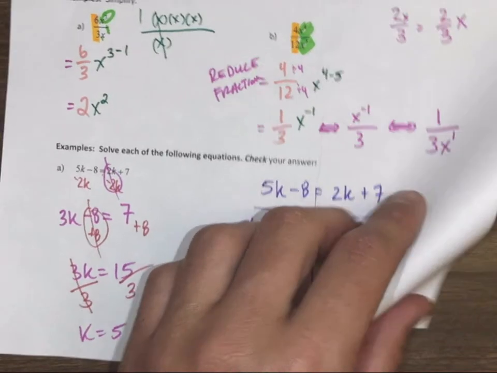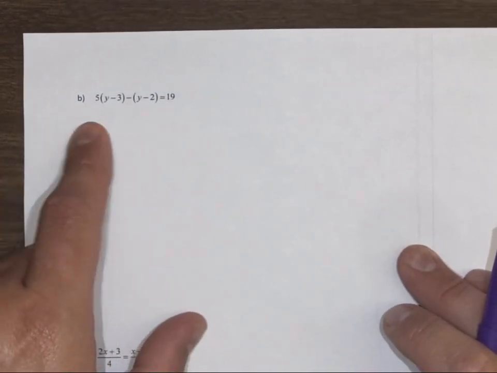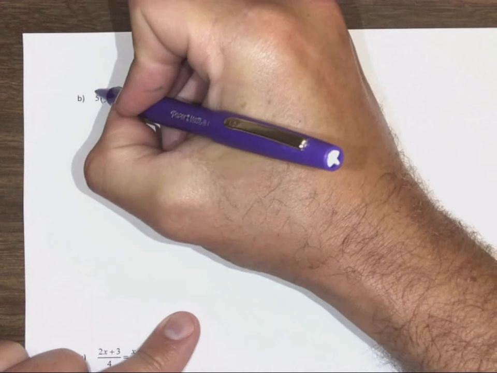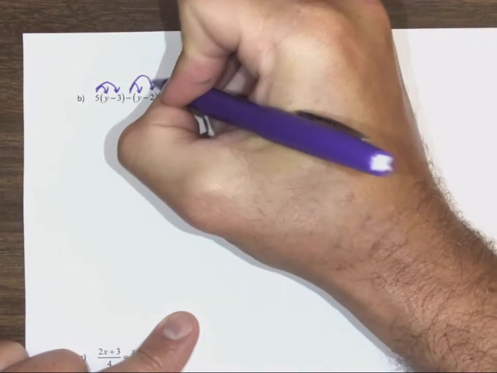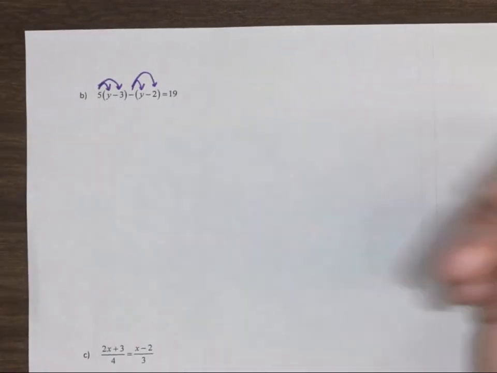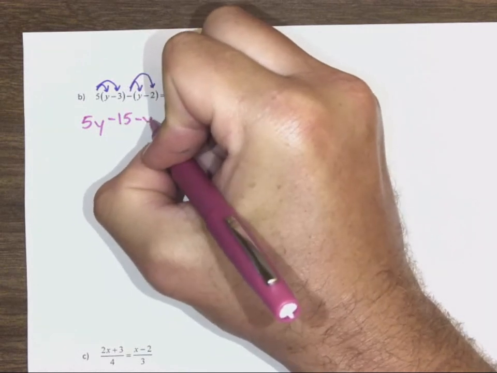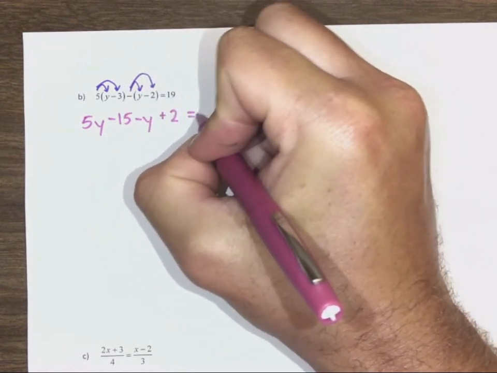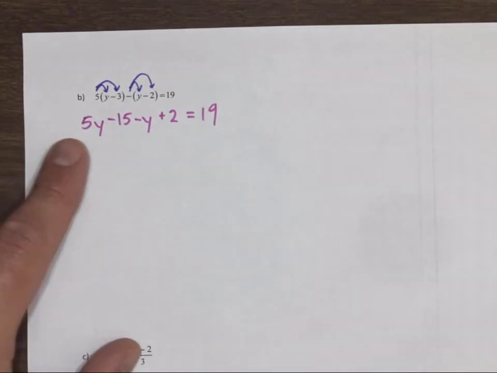Okay, flip the page. Let's try another solve and check. Now I've got to distribute. So remember, from previous knowledge, I'm going to distribute the negative, sprinkle it in across there. Collect my like terms. 5y take away y.